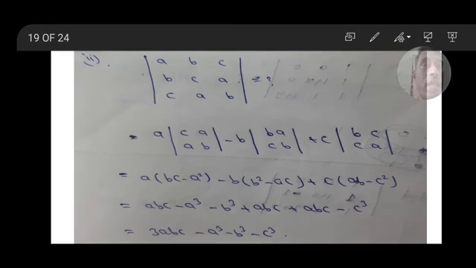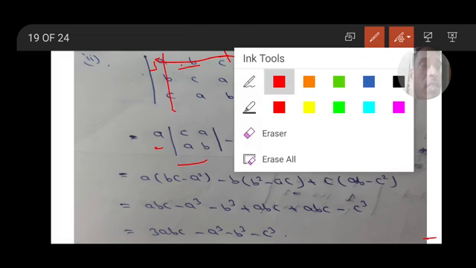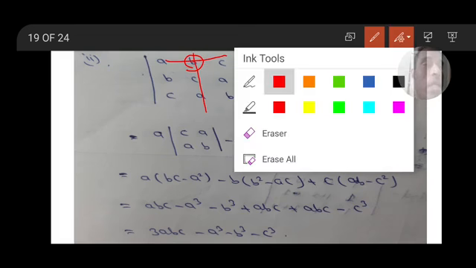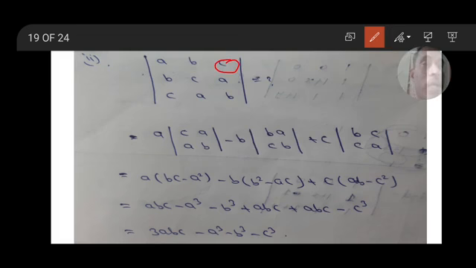Next problem. A, B, C, B, C, A, C, A, B determinant matrix. Same, it is also first row elements: plus A into minor, minus B into its minor, plus C into its minor. So A into minor, if you remove row and column, C, A, A, B. Next, minus B into its minor, remove row and column: B, A, C, B. Next, third element, plus C into its minor: B, C, C, A. So multiply, AD minus BC.